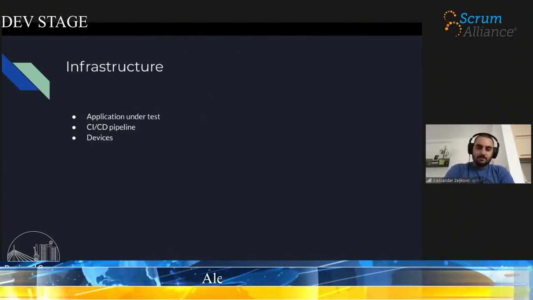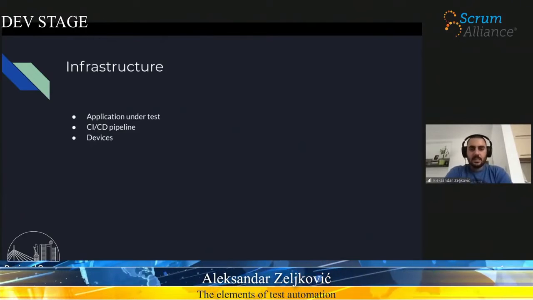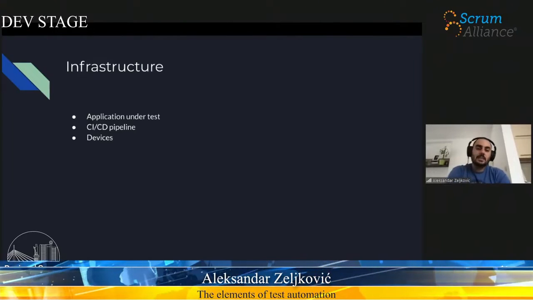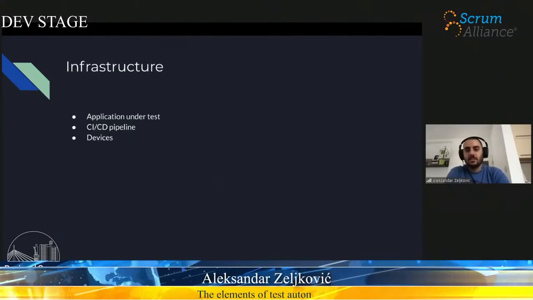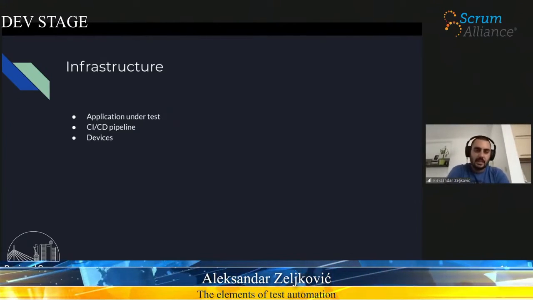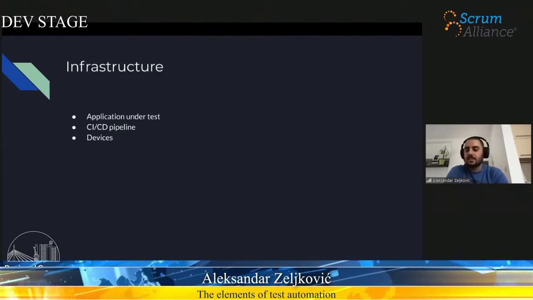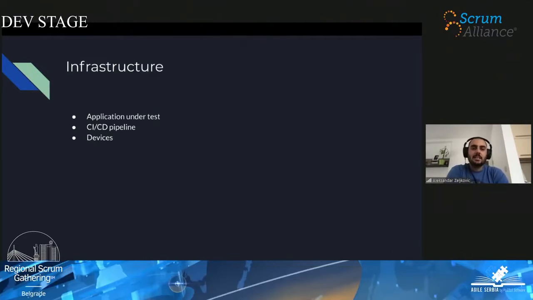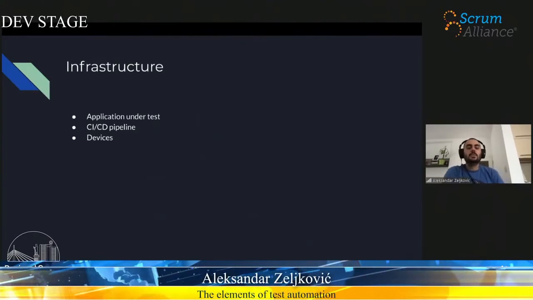Okay, the third prerequisite for test automation is the infrastructure. So be aware that whenever you need to test, you need to prepare your application under test. This is especially demanding for end-to-end testing and performance testing, since you ideally want to prepare a production-like environment where you will test.